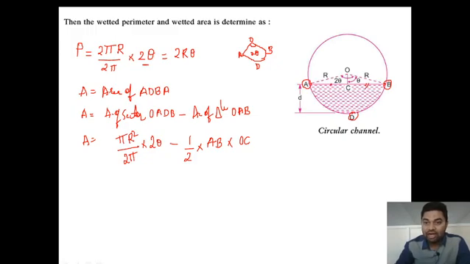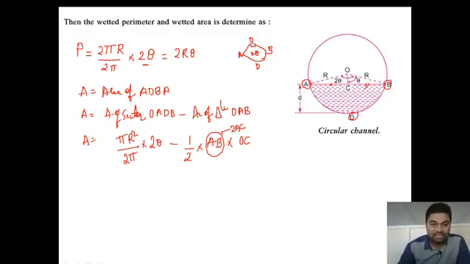AC and CB distances are equal. So this AB can be written as 2BC.